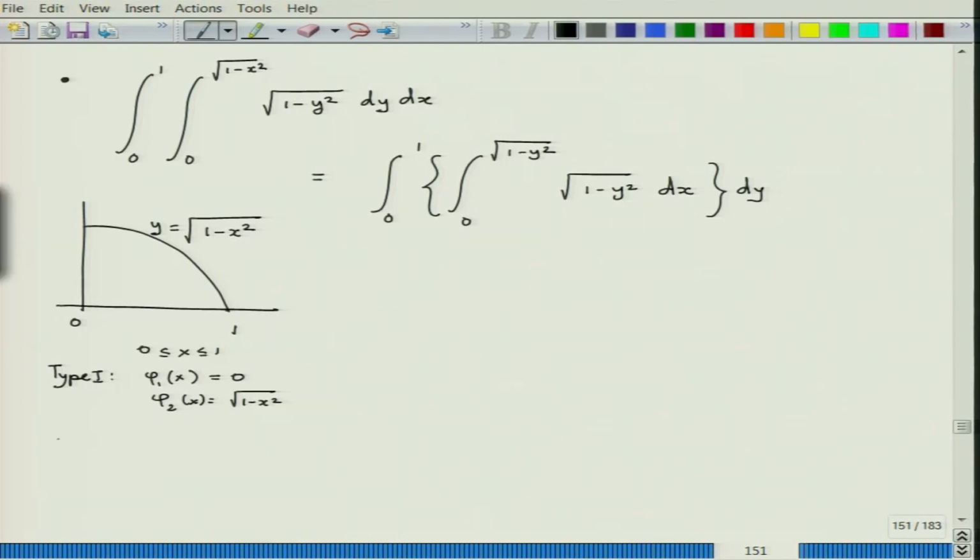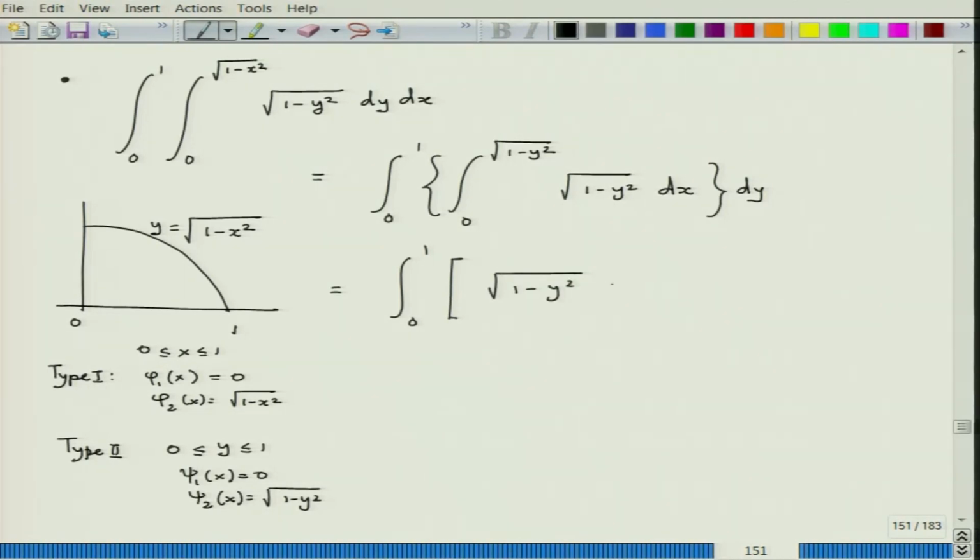It is also type 2 with y lying between 0 and 1, psi 1 is 0, and psi 2 is root over 1 minus y square. So, when I am using the type 2 form, it becomes very easy. It is in terms of dx, so this is constant. So, 0 to 1, x going from 0 to root over 1 minus y square.